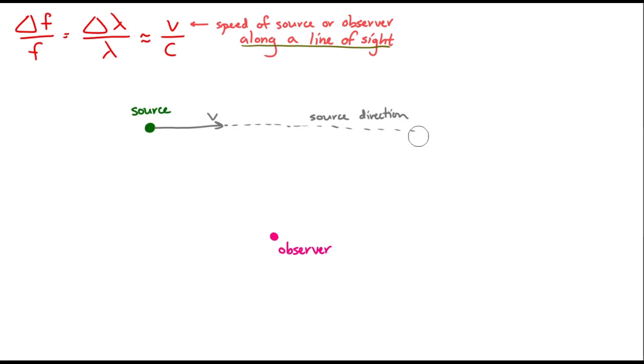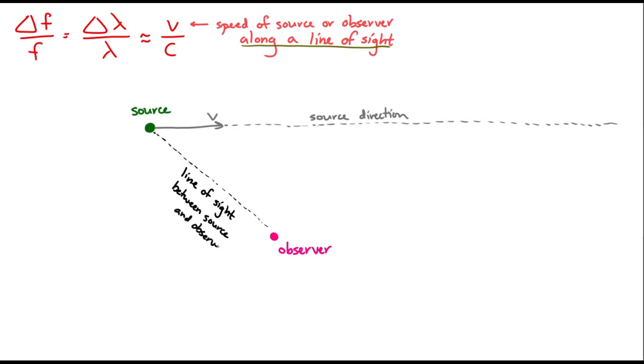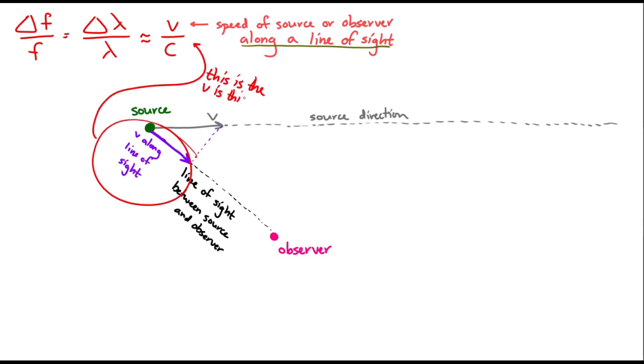Well, v in this equation is the component of the velocity that's along my line of sight. So let me draw that in. Here is v of the source, and here's my line of sight, a line that connects the observer, me, and the source right there. The component of the velocity along that line of sight is the v that goes into this equation.